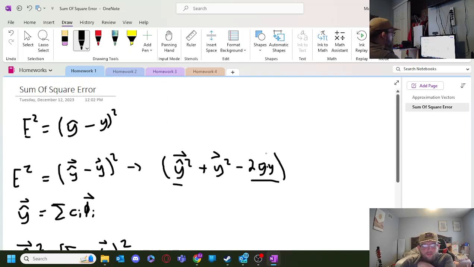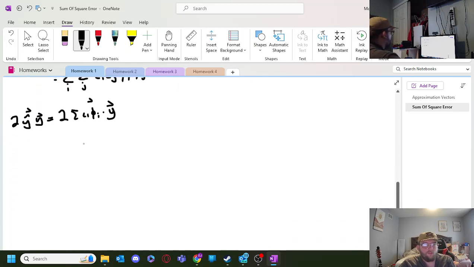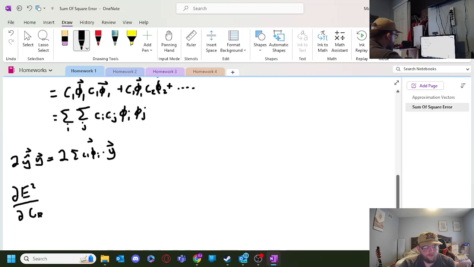Now, we have n number of constants. So what happens is when we take the partial derivative of our SSE, or sum squared error, with respect to each constant, I'm going to do c_k, just so there's no confusion, and we're going to set that to 0.